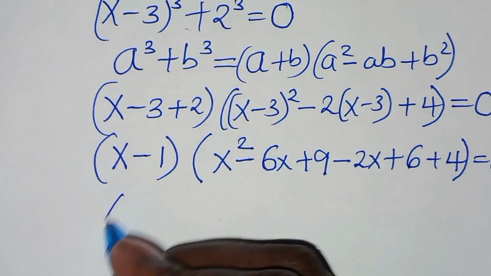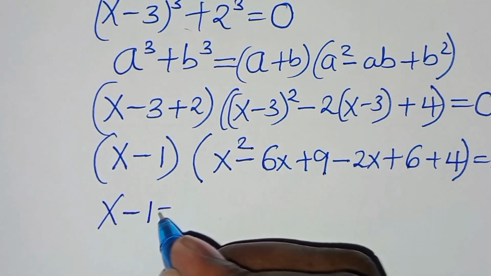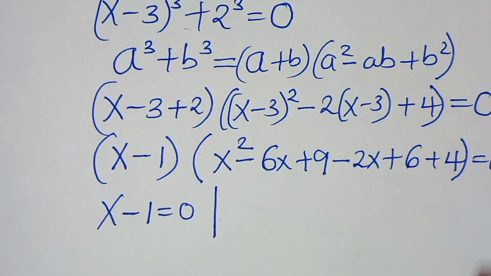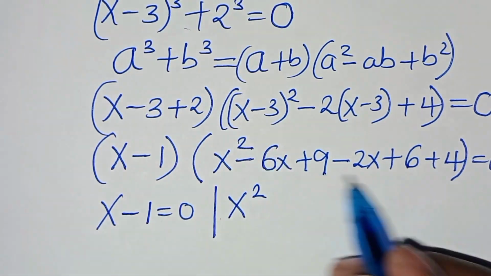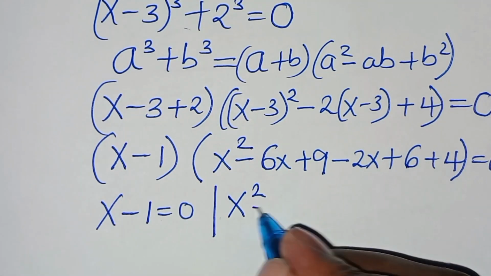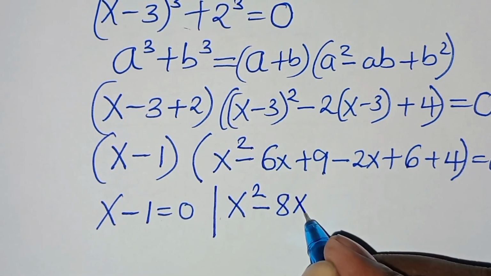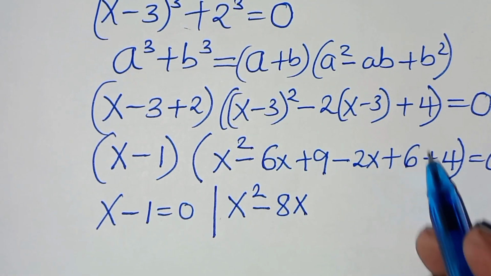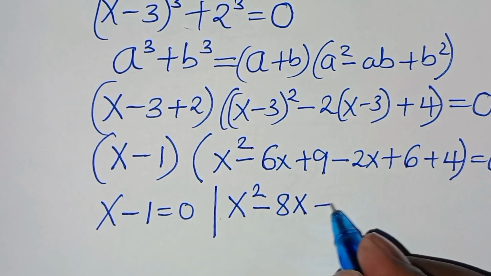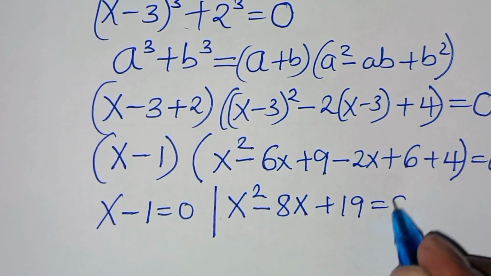Now, we have two parts here. x - 1 = 0. And the second part is x^2, now we have minus 6x minus 2x, this is minus 8x, then we have 9 plus 6, this is 15, plus 4, this is 19, equal to 0.